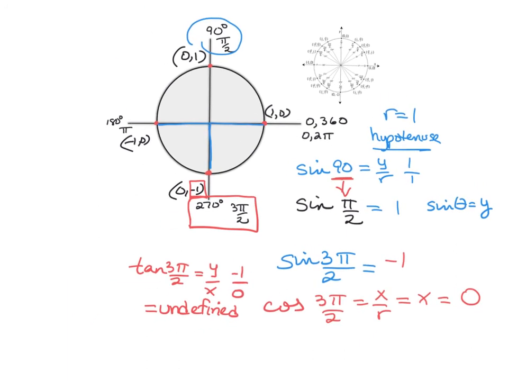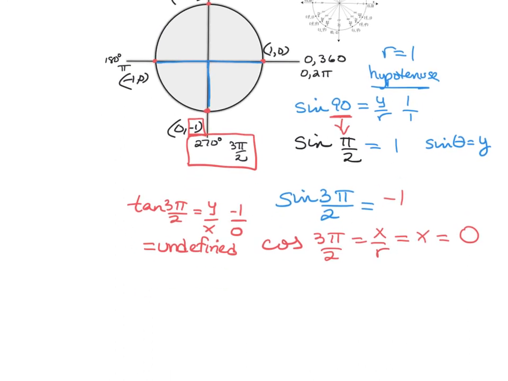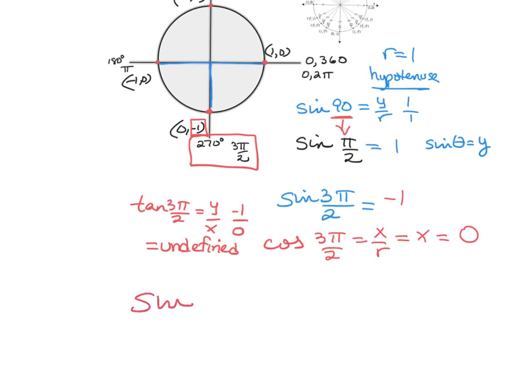For example, let's say they ask you to find sine of 0. Well, luckily 0 is the same in radians as it is in degrees. Remember, sine looks at y, so the sine of 0 is 0. If they said cosine of 0, then we look at x, and that answer is 1.